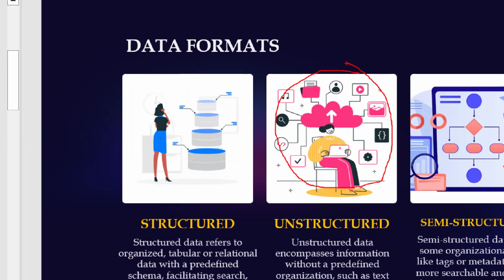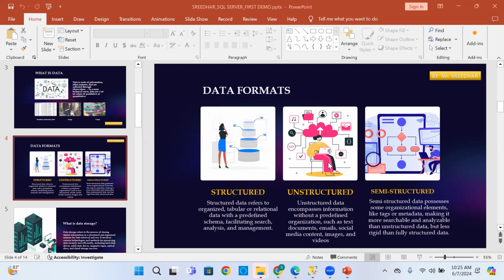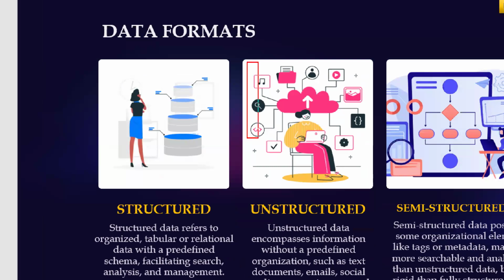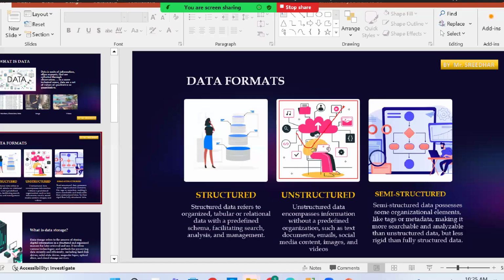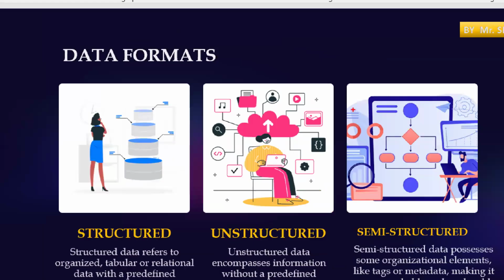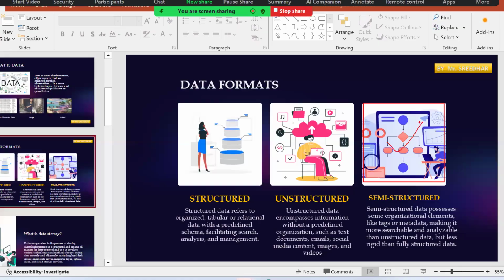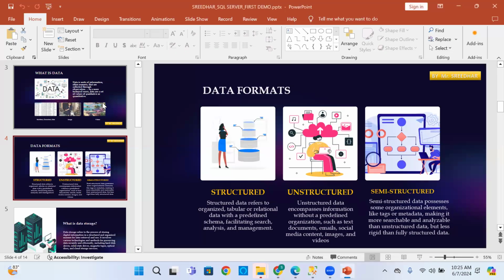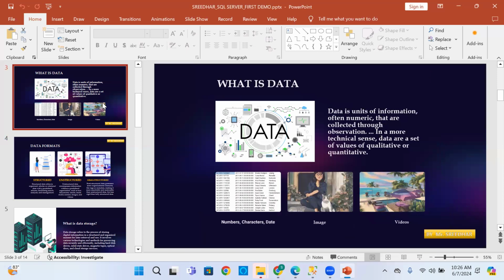Frequently the type of data is changing. That is what we call unstructured data. Then one more format is semi-structured data. Sometimes it comes in an organized format, sometimes in an unorganized format. Data is a unit of information.